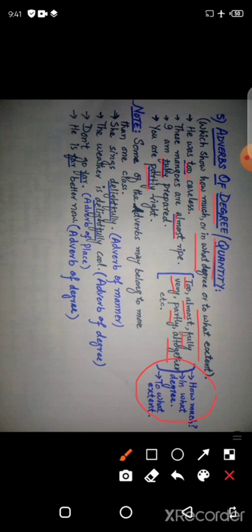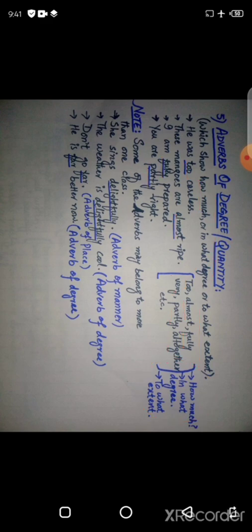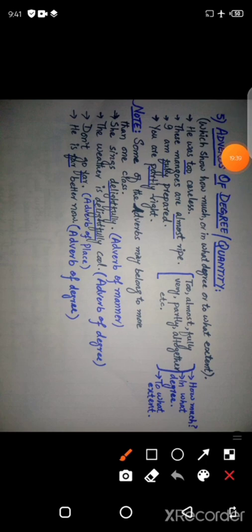And there is the most important of all things in today's lecture, and this should be kept in mind once and for all, with no doubt. There are some adverbs that belong to more than one category, more than one kind of adverbs that we have discussed so far.